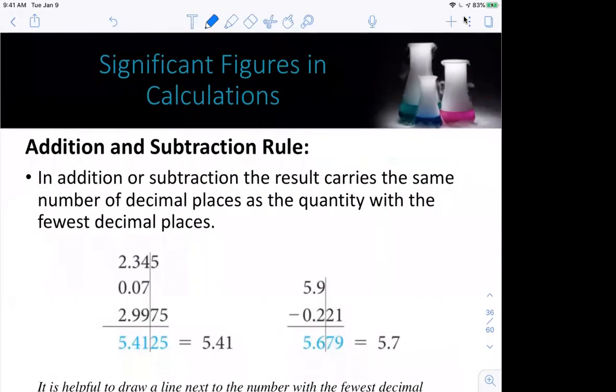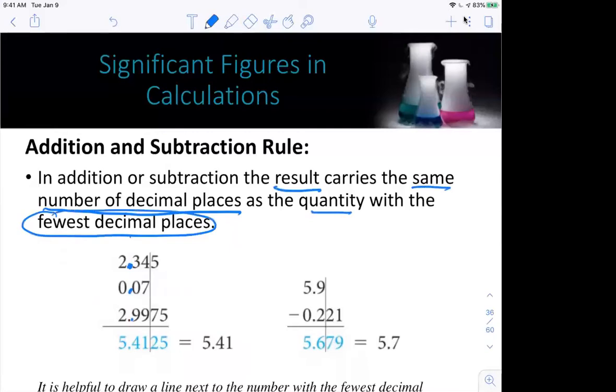When I add and subtract, it's a little bit different. What I actually have to do is line all of my numbers in a row and line up the decimal places. See these decimal places? These decimal places have to be lined up, right? And then the answer is going to carry the same number of decimal places as the quantity that I'm adding or subtracting that has the fewest.